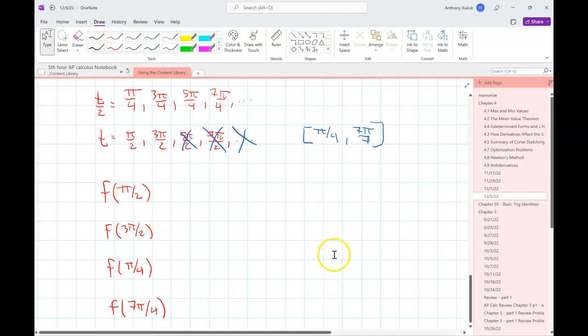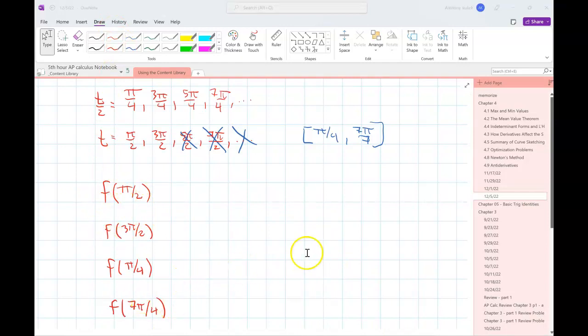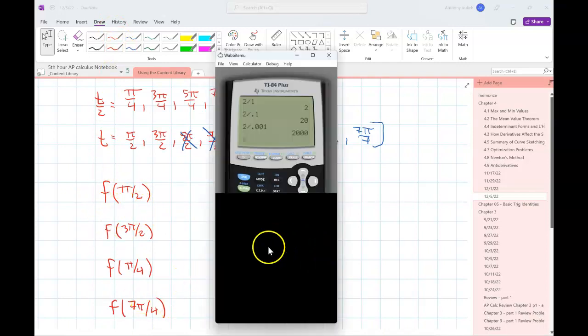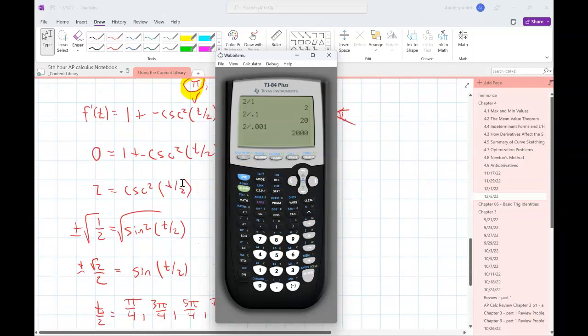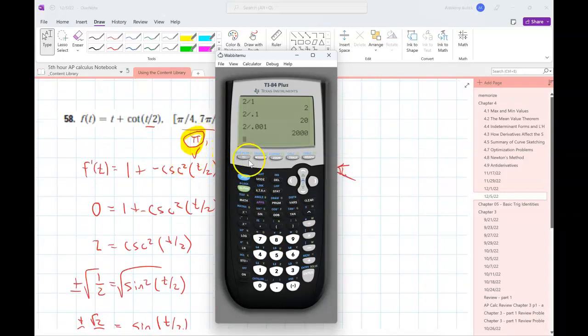And so now I would say it's calculator time. Although I guess I could probably do these in my head if I had to, but like, can we not? What do you guys say? Okay. So now I'm going to go back to f, and I'm just going to type this in using the y equals notation.